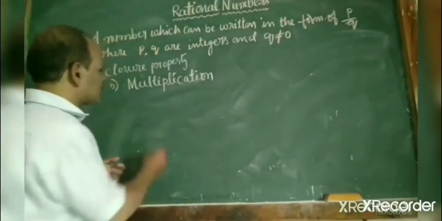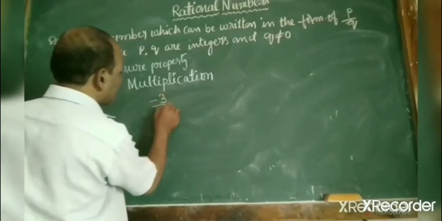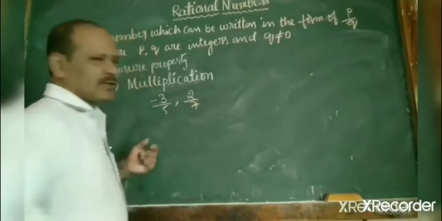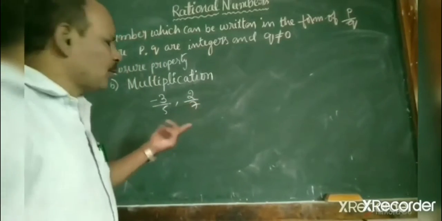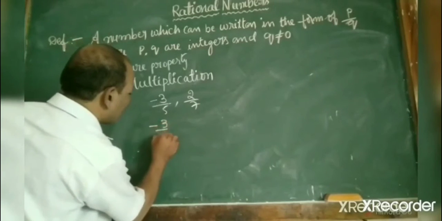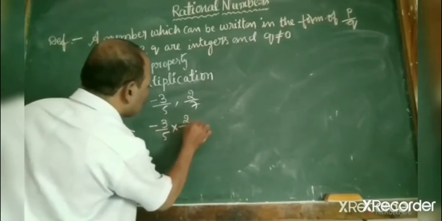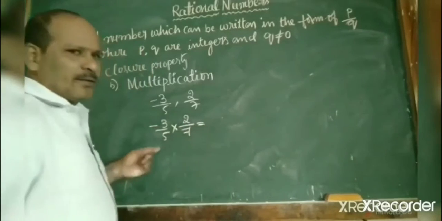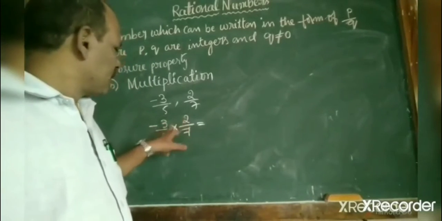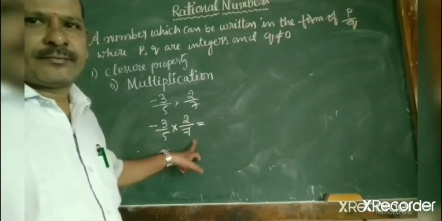Let us check whether the rational numbers are closed under multiplication or not. Now take any two rational numbers, minus 3 by 5 and 2 by 7. These two are rational numbers. I am doing multiplication. When you are doing multiplication, you have to multiply numerator with numerator, denominator with denominator.